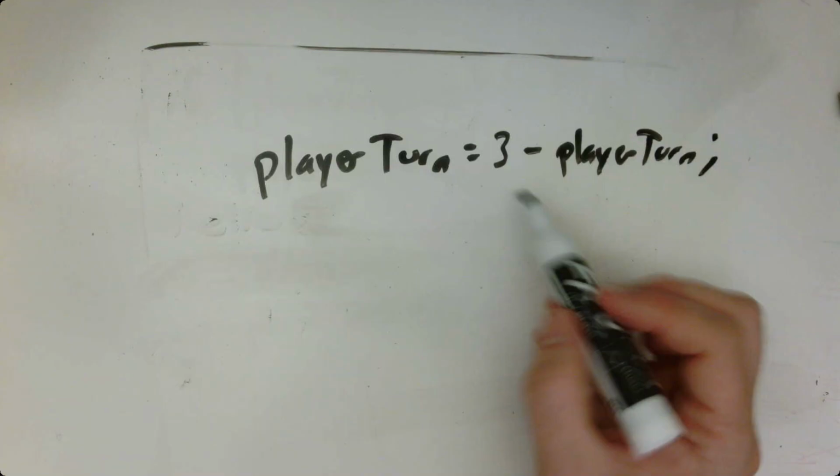If player turn equals 1, then we'll say 3 minus 1 is 2, and save that here. And so player turn becomes 2. So when it's 1, it becomes 2. Let's imagine it's 2. If player turn equals 2, we say 3 minus 2 is 1. We save the 1 here. So when player turn is 2, it becomes 1. So this mathematical expression is flip-flopping 2 to 1 and 1 to 2.